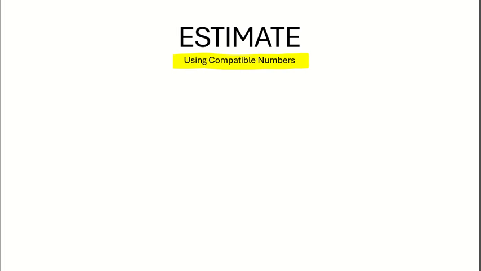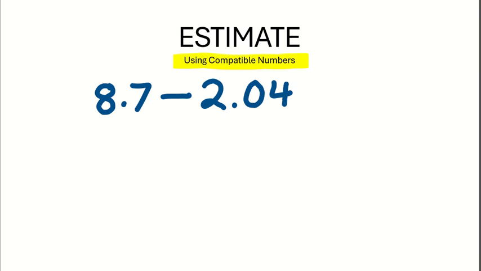Let's do subtraction. So let's say that we have 8 7/10, and we want to decrease it by 2 4/100. So how much money do I have here? Well, 8 7/10 is $8.70.